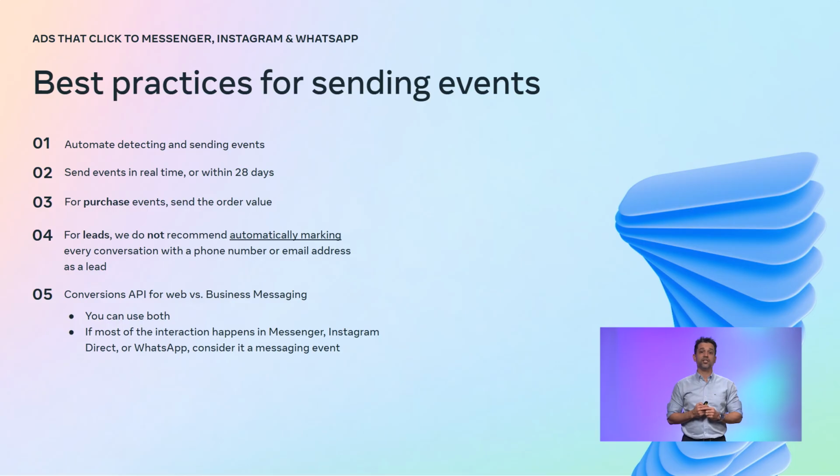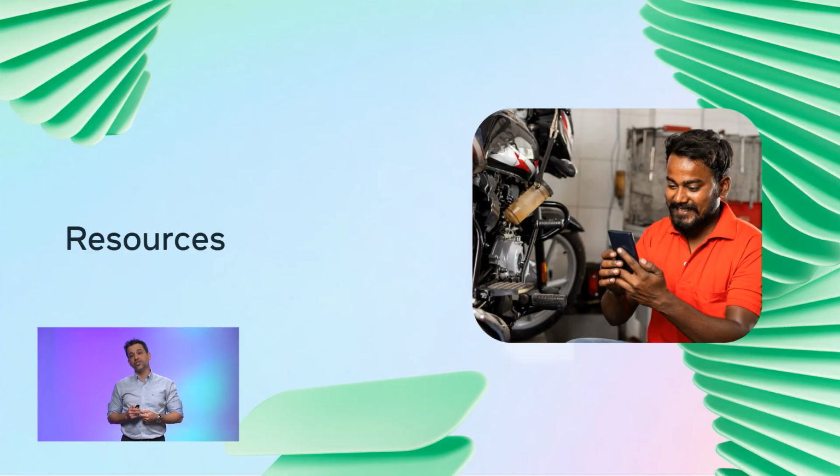CAPI for web is mostly for website events, while CAPI for business messaging handles customer events inside the messaging thread. If Messenger, Instagram, or WhatsApp plays an important role facilitating the conversation, the event can be treated as a business messaging use case.